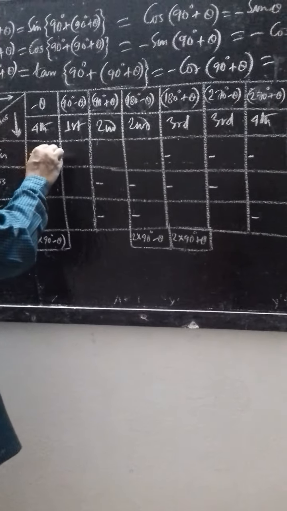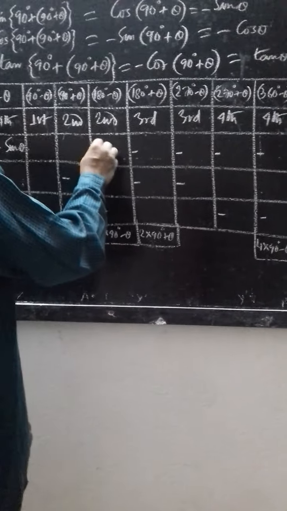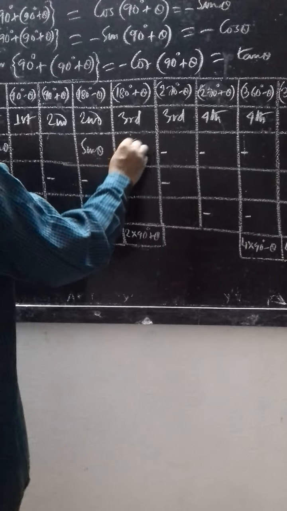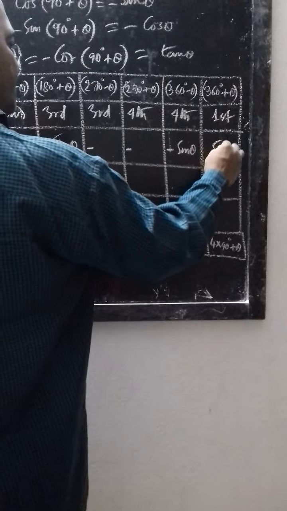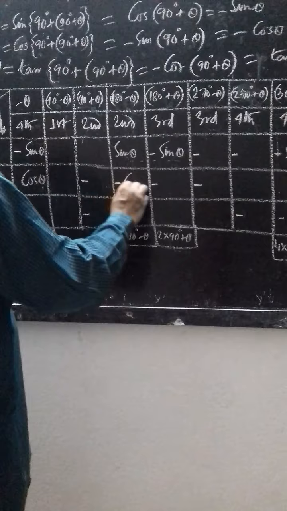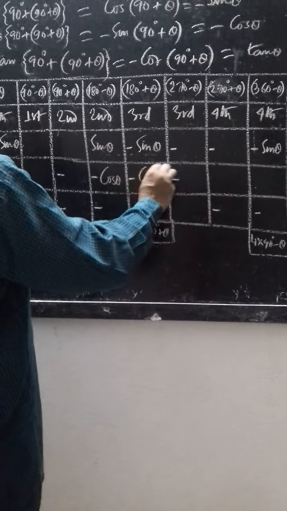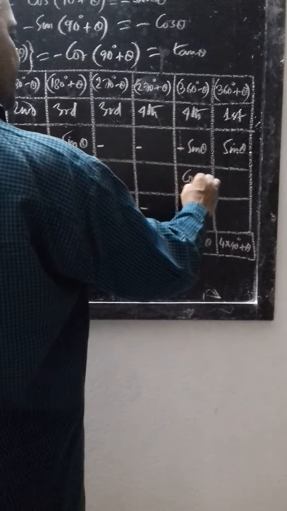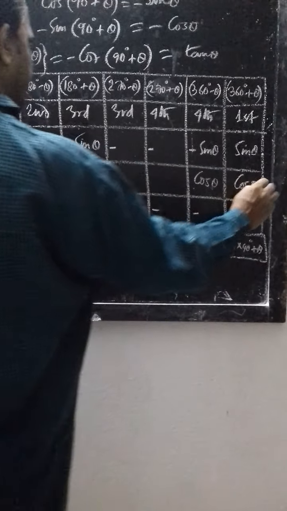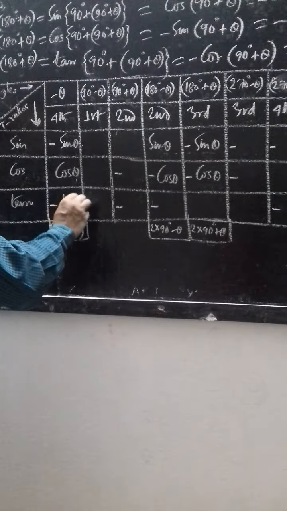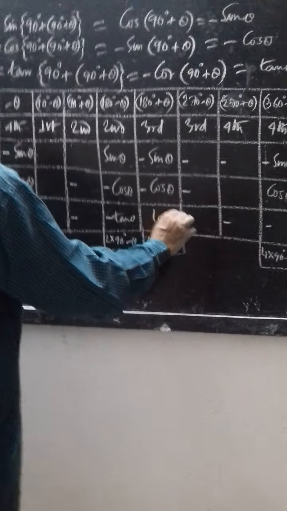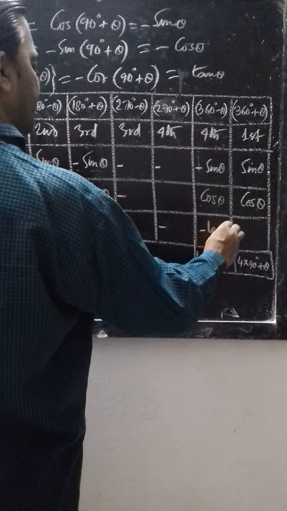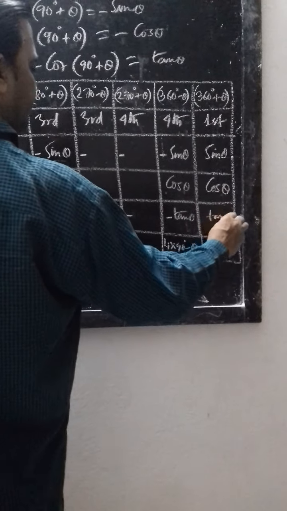So this is sin theta, sin theta, sin theta, sin theta, sin theta, then cos theta, cos theta, cos theta, cos theta, cos theta, tan theta, tan theta, tan theta, tan theta, and this is tan theta.